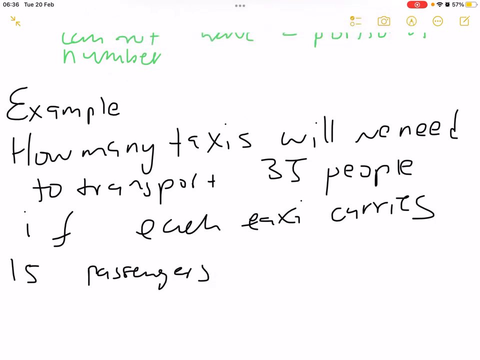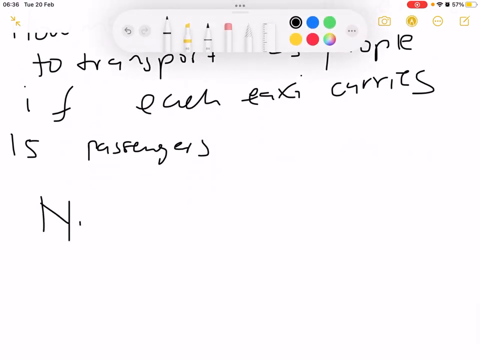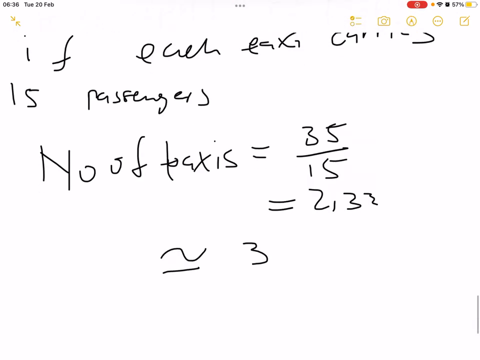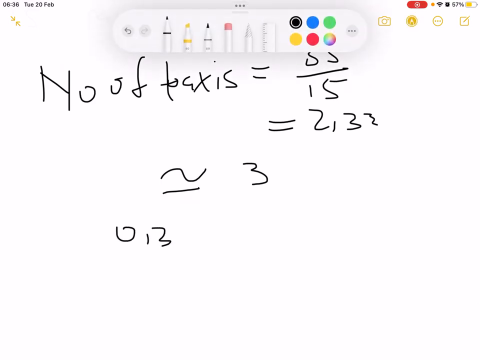Well, we can make a mathematical formula for that, which says number of taxis is equals to 35 people divided by 15, and we get something like 2.333. And we can tell that this is approximately what? 3 taxis. Why? Because you cannot have 0.33 of a taxi.